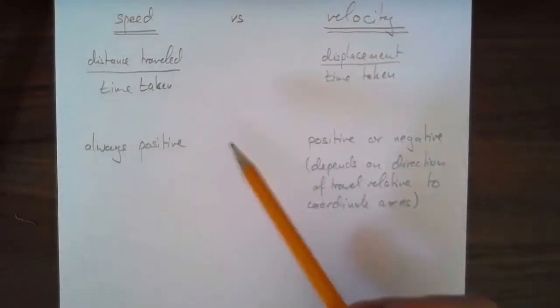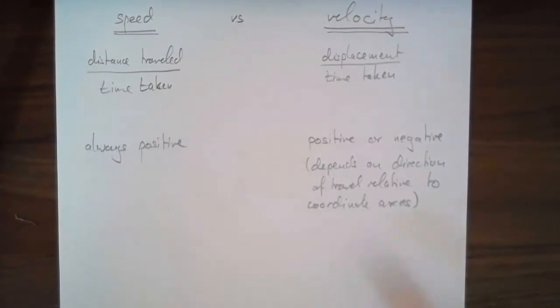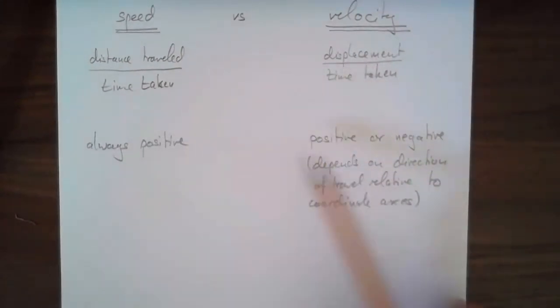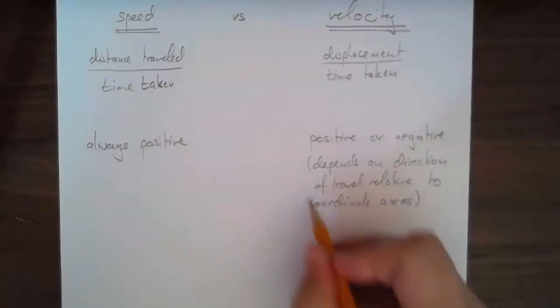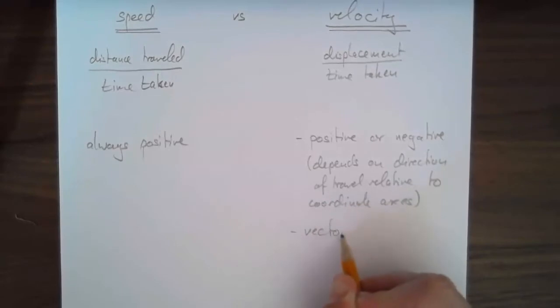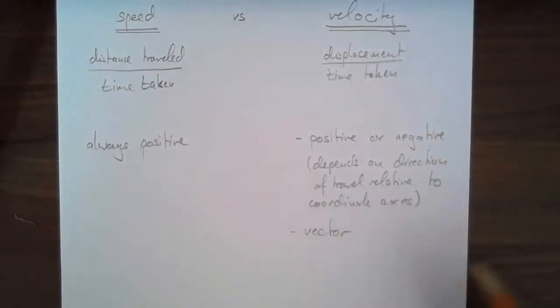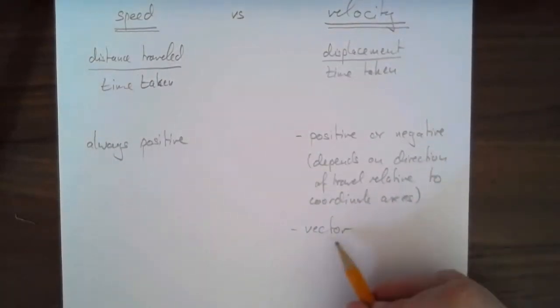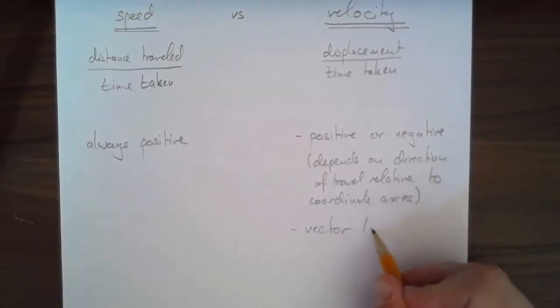It's positive and negative if I can go forwards and backwards, but in more than one dimension, if I can go sideways as well, this actually becomes a vector. So I'm going to put it like this. It's a vector, meaning a magnitude and a direction. We'll talk about those more fairly shortly.